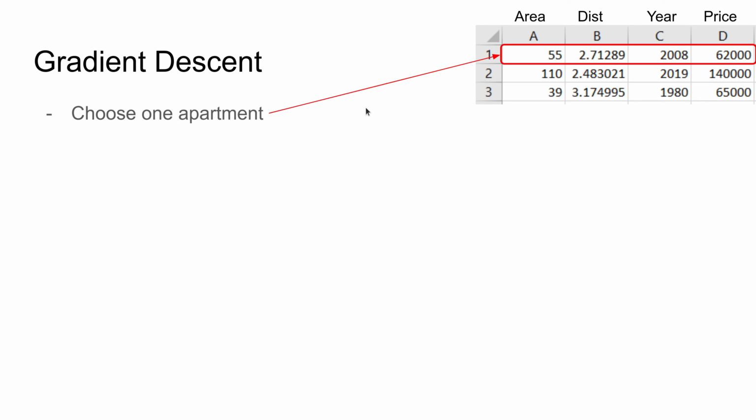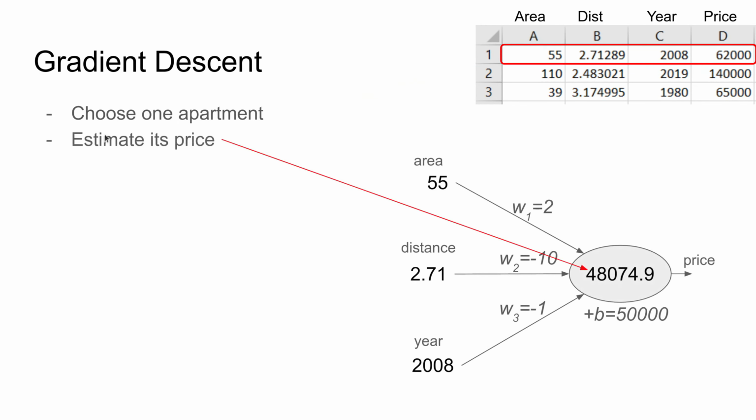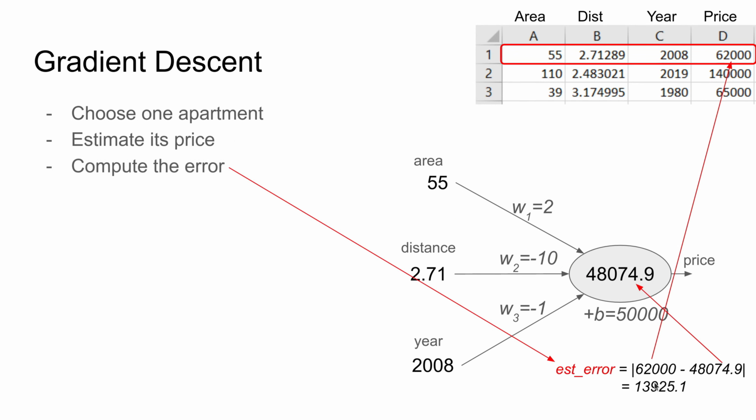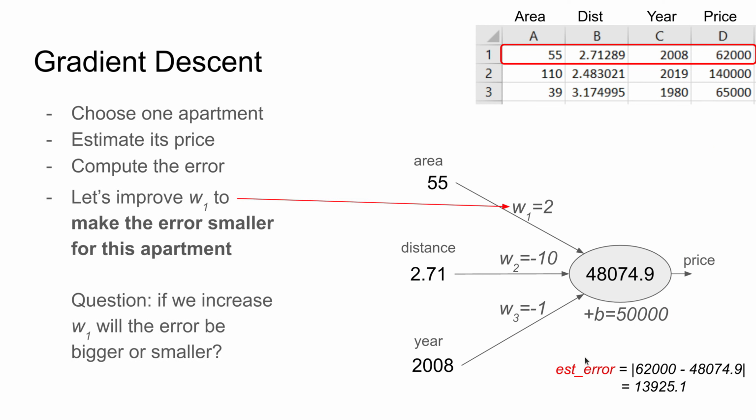Gradient descent works by choosing an apartment. You take one apartment, you estimate its price using the current weights, which are initially random. You compute the error as the difference between the real price and the estimated price, and then use this error to improve this W1.